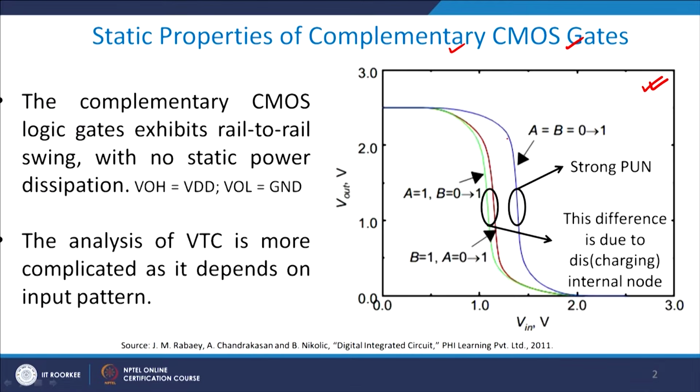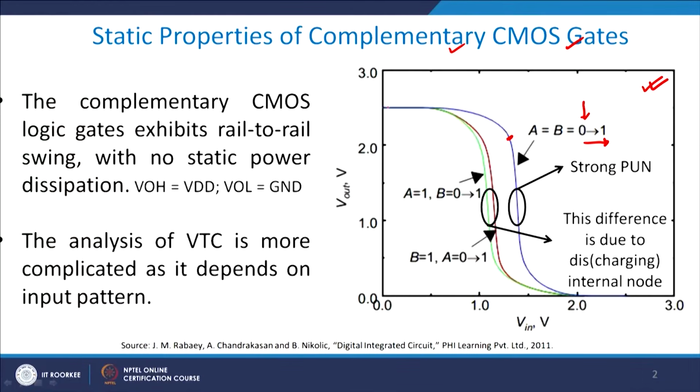Let us look at the first graph, the blue one in front of you, which tells you that A and B are both 0 initially and both go from 0 to 1. This is the criterion, or the idea I am putting here.